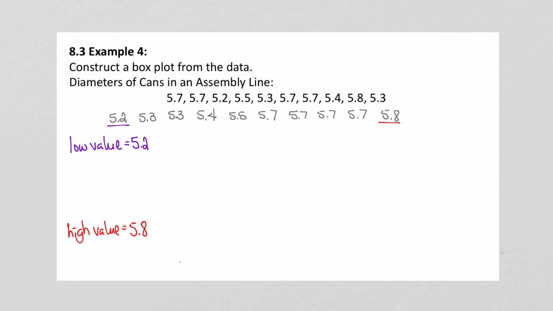Next, we need to find the median. The median is the number in the middle. Well, there ends up being 2 numbers in the middle since we have an even number of data. So that means we need to add those 2 and divide by 2 to get the median to be 5.6. Then we need the second quartile and the third quartile.